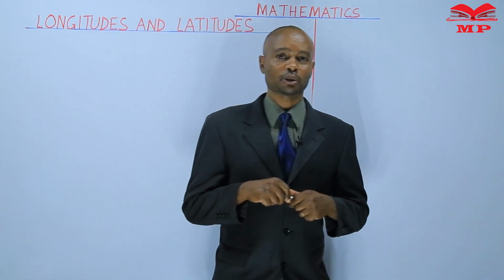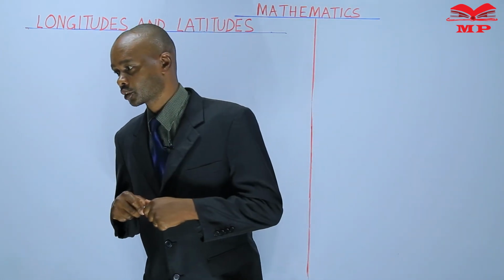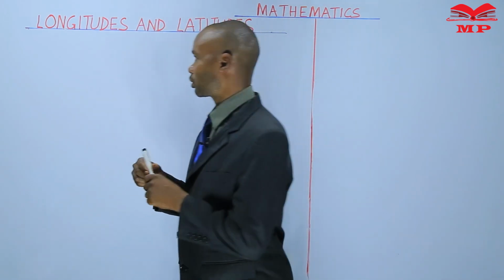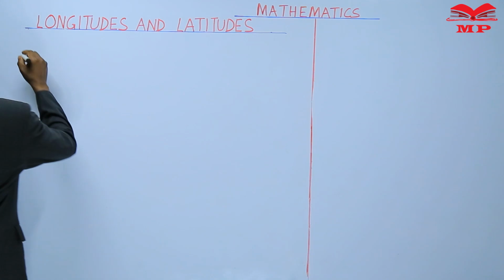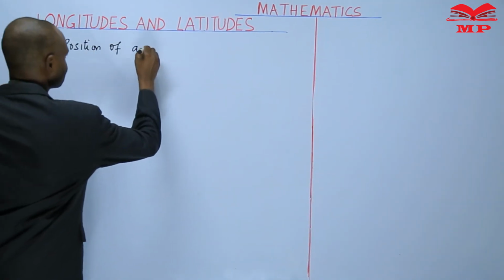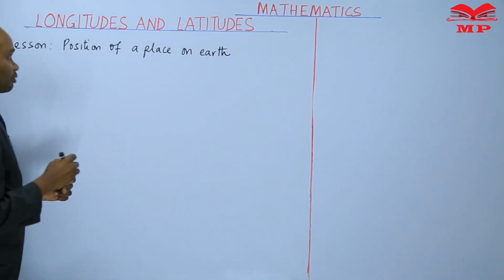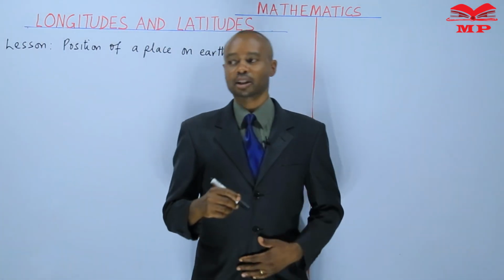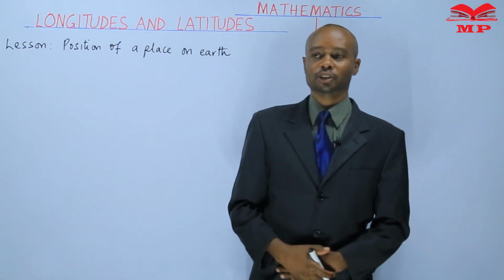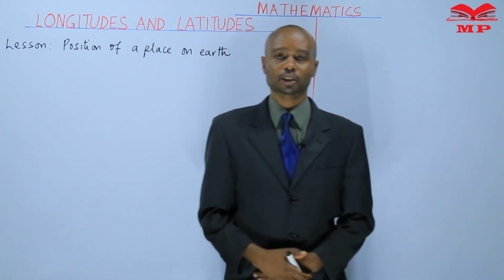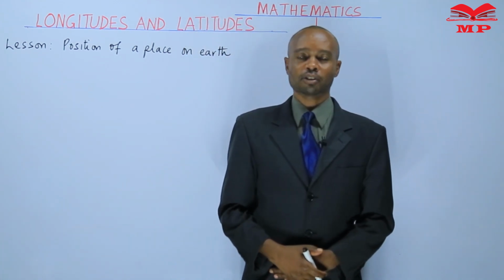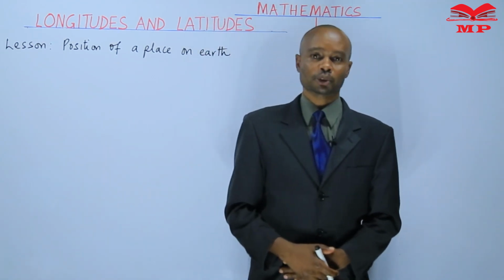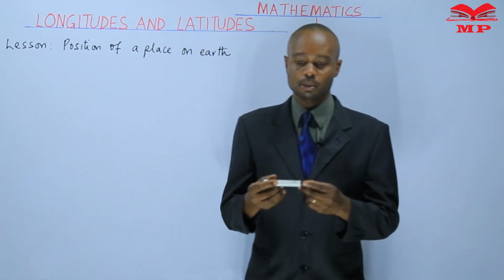Today we are going to look at the position of a place on Earth. Having now known how we can locate a place using latitude and again using longitude, you'll find it is adequate to position the place using both.